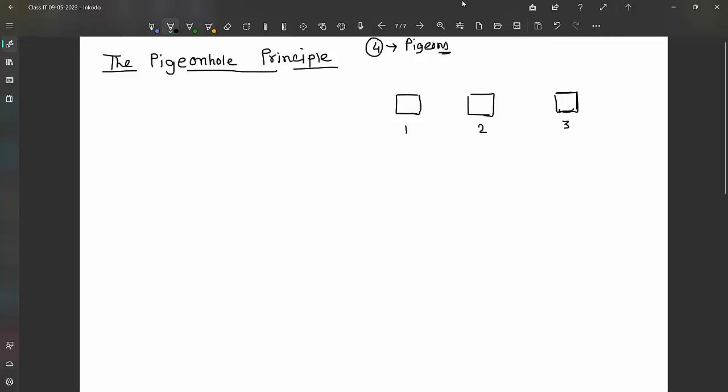Either it is possible or it is impossible. 3 होल हैं और हमारे पास 4 कबूतर, तो एक एक करके हम घर में दे सकते हैं. Only one pigeon at hole 1, one at hole 2, and one at hole 3. So there is also one pigeon remaining.